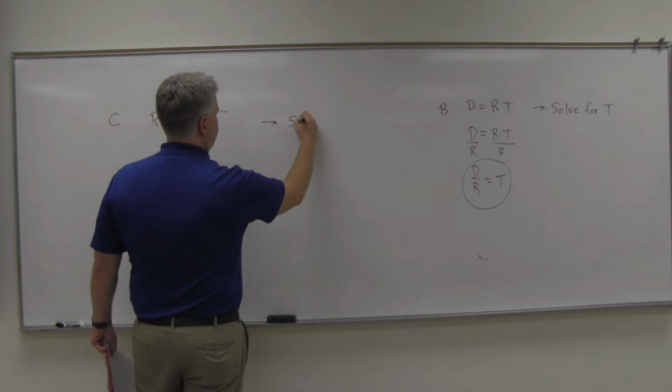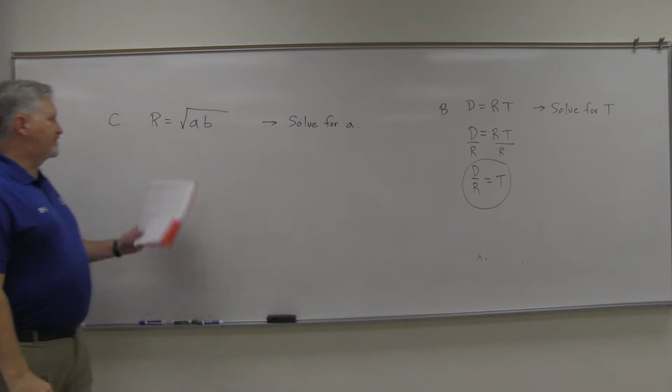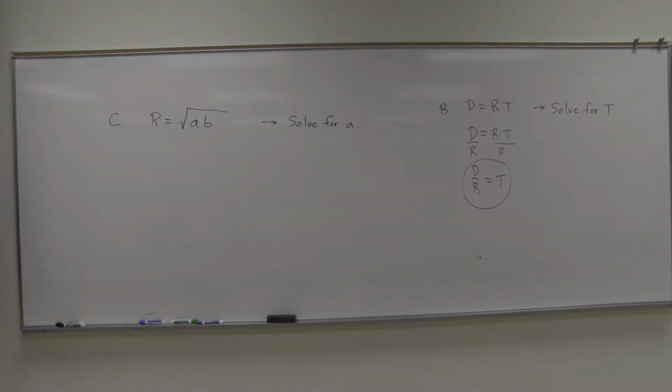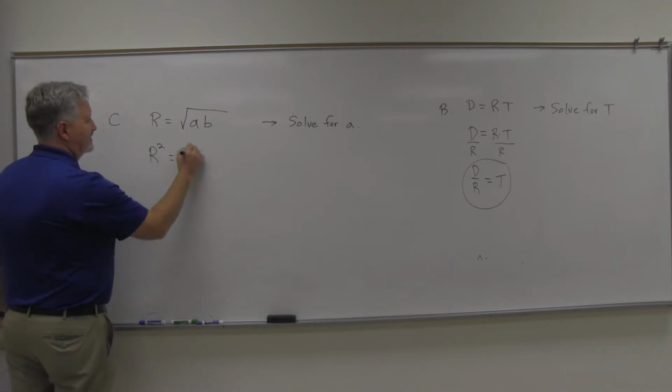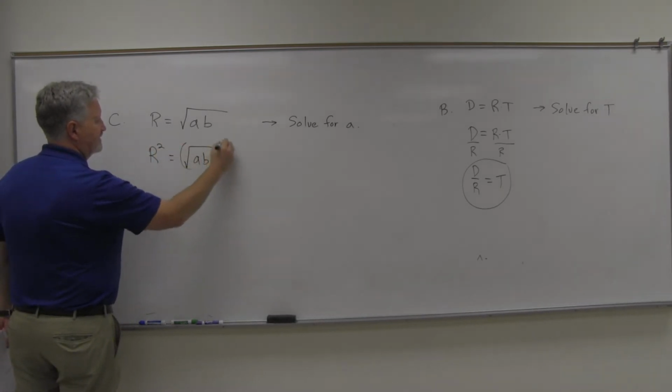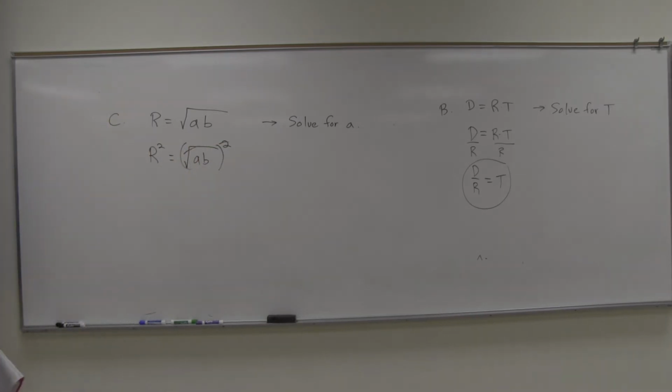Solve that for A. It's solve for R, so solve for A. What do we do? Square root equation. Square both sides, yeah. You got a square root equation, you square both sides. It's a little different because it's got the square root on that side, but it's the same thing, isn't it? Square both sides to get rid of that square root.